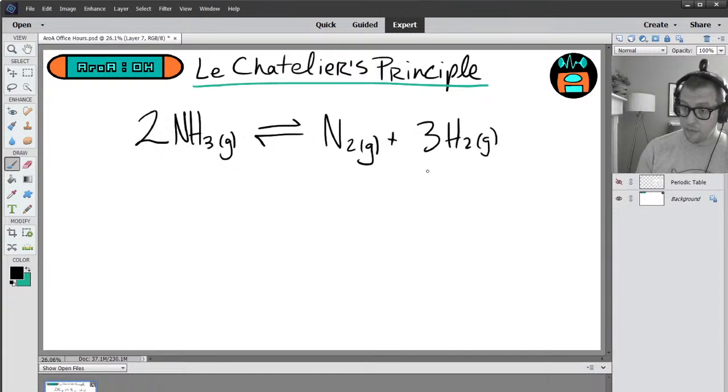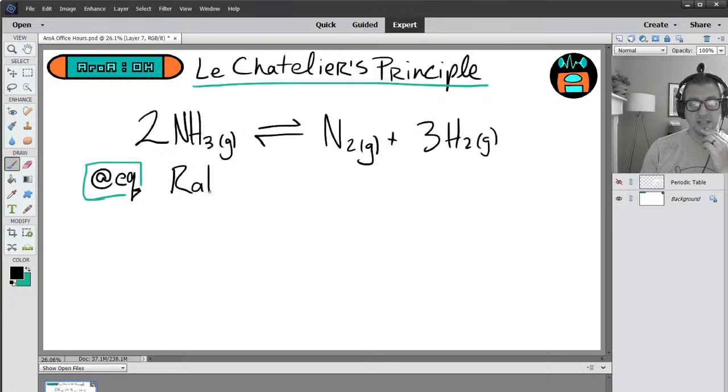All right, now remember what it means to be at equilibrium. We talked about the equilibrium condition last lecture. That means the rate, i.e. the speed, of the forward reaction is equal to the rate of the reverse reaction.